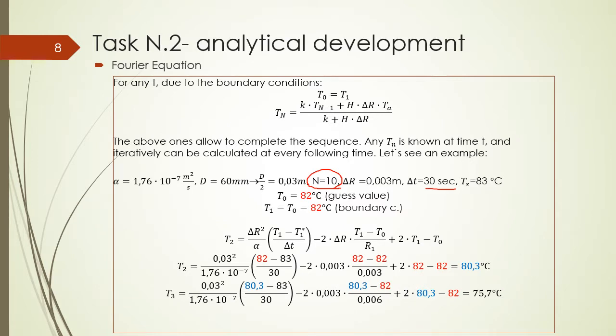And for T3 we can use the value of T2 right now, keeping always the same temperature at the time before, because we did not change the time, so 83 stays the same, and we get 75.7 degrees. And then we put remaining values always at the same time delta t.